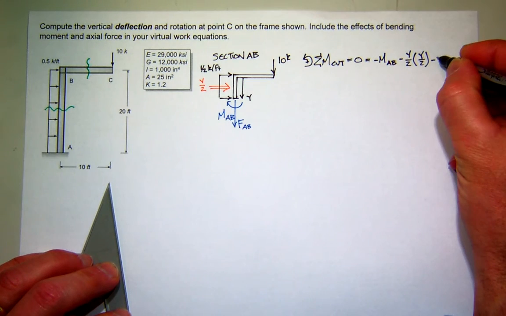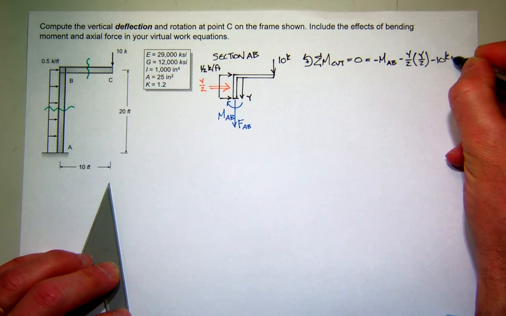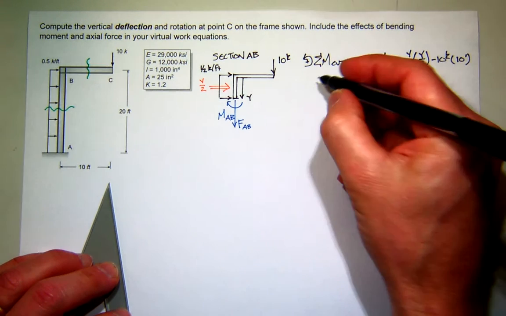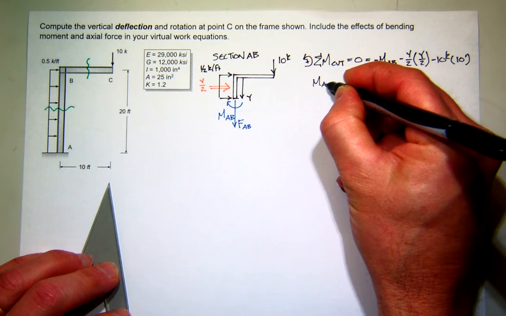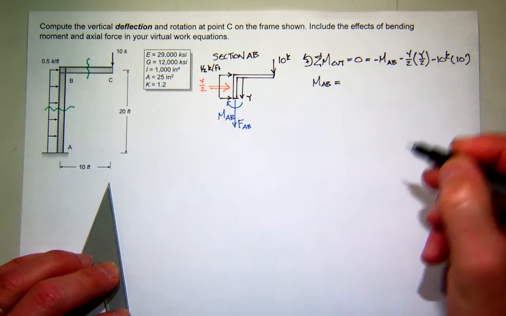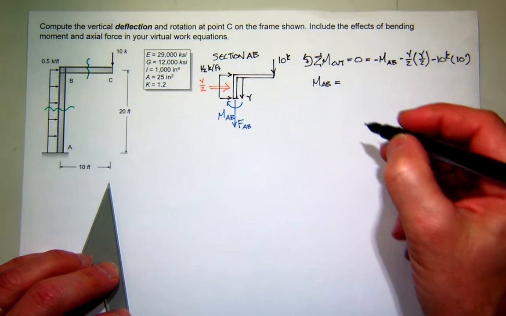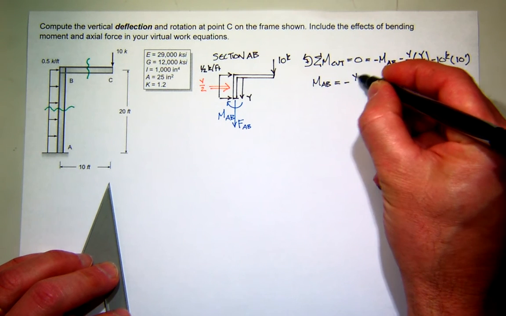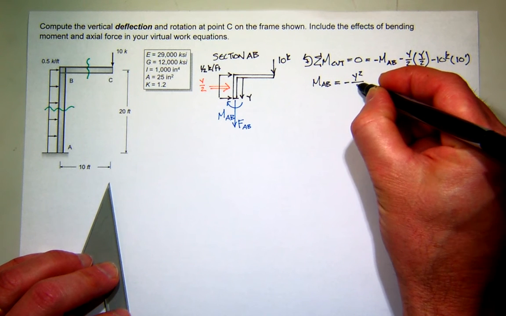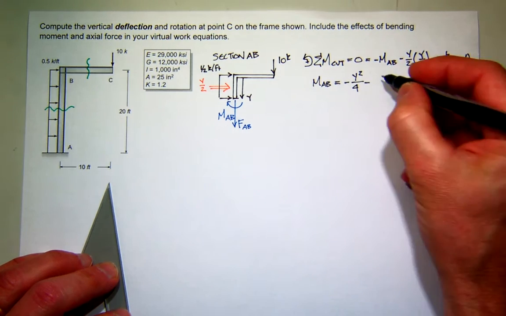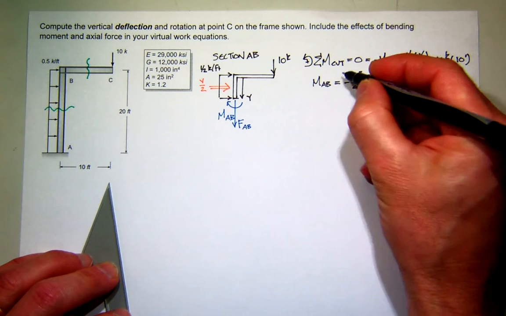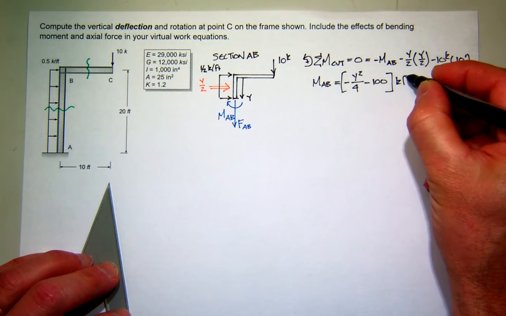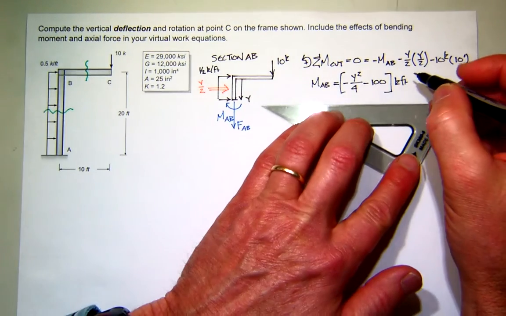It's also negative, and it has a moment arm of 10. So when I solve for my moment in AB, everything's negative, so I get negative y squared over 4 minus 100. And the units of that whole thing should be kip feet. Everybody see that?